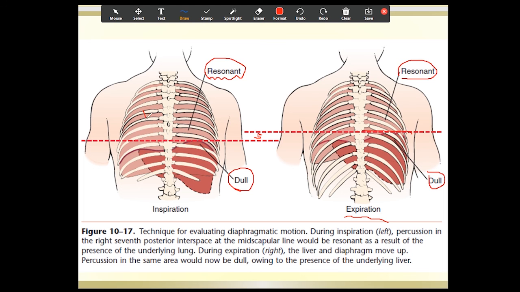When people inhale, the dull sound moves downward, and the resonant sound area gets bigger. So basically, from the changing percussion sounds, we will know the patient's normal respiration function. That's basically this part, inspection and percussion.